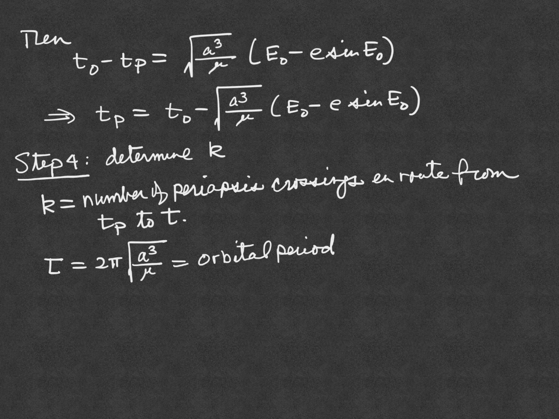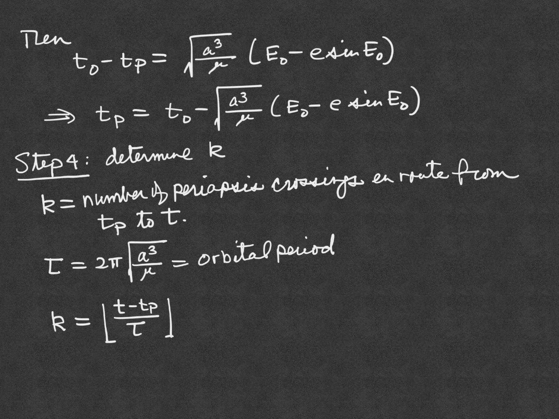Now, given the orbital period, we can actually compute k as follows. So k is actually equal to, now remember that smallest integer in x? Well, this is where it comes into play, which is that this is the smallest integer in t minus Tp all divided by tau. Now we know t, we know Tp because we just computed Tp in the previous step, and we know tau because we just computed tau.